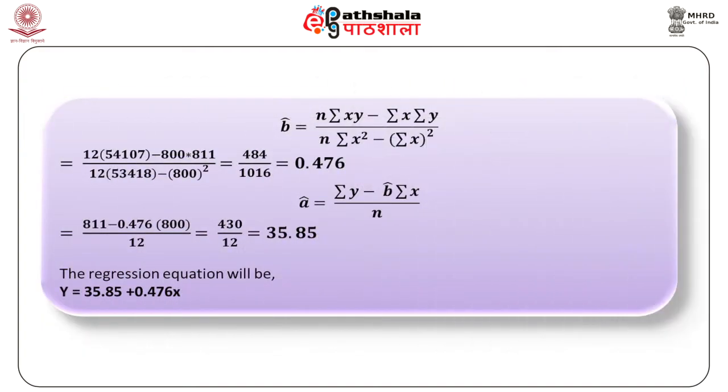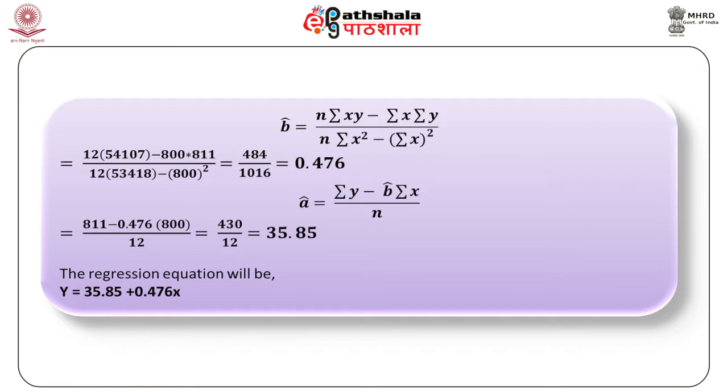Now, computing b cap, which equals n multiplied by summation xy minus summation x multiplied by summation y, divided by n summation x square minus summation x whole square.